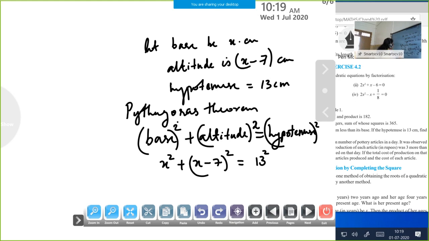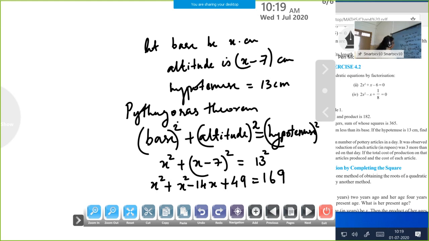Then open the bracket. x square plus x square minus 2 into 7 into x, that is 14x, plus 7 square, which is 49, is equal to 13 square, which is 169.